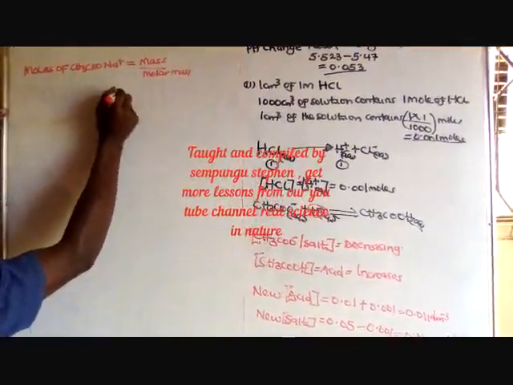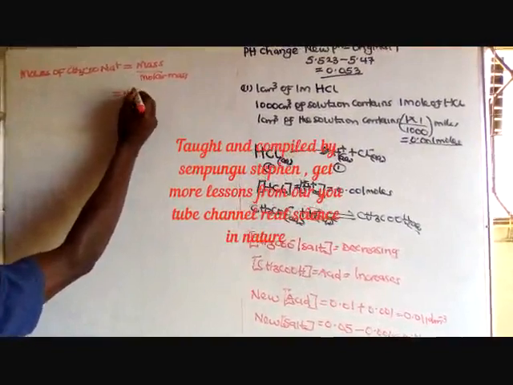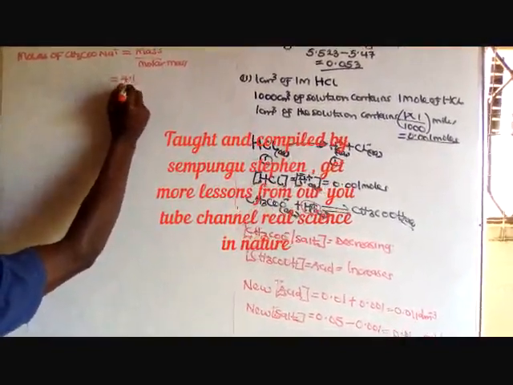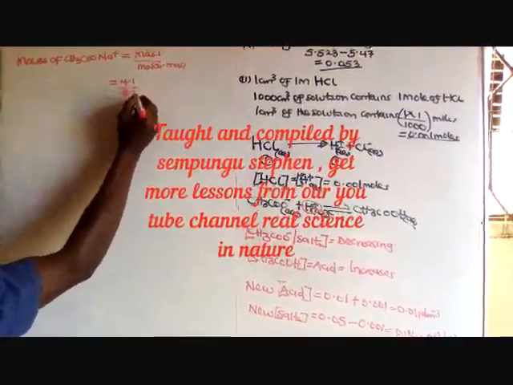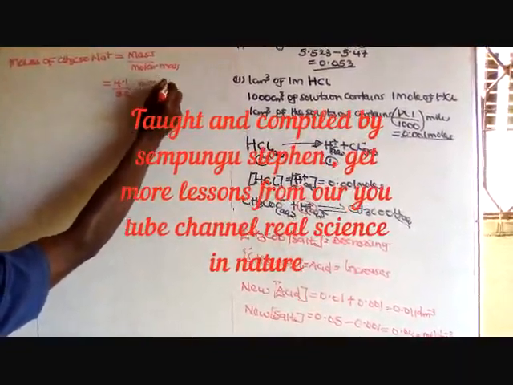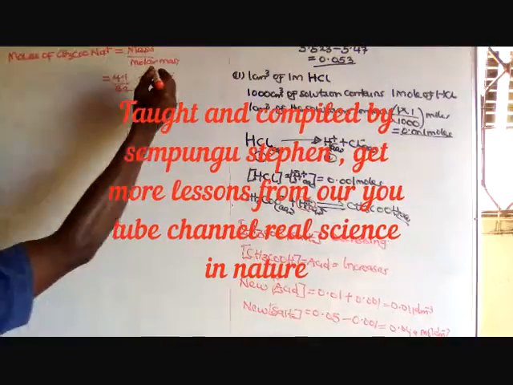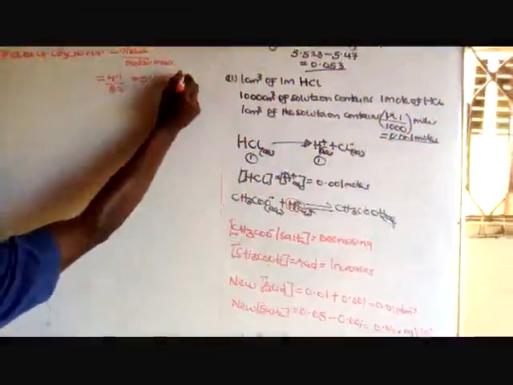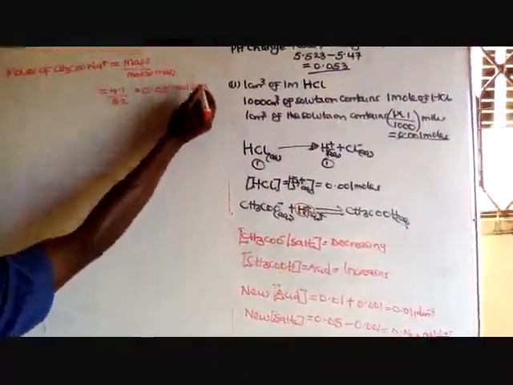So we are going to obtain now 4.1 divided by 82, which is our molar mass. And here when you get your calculator, we are obtaining 0.05 moles per deciliter cubed.